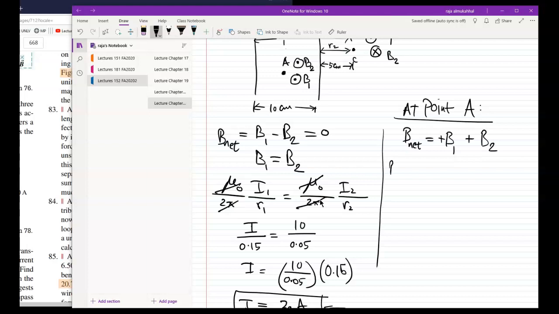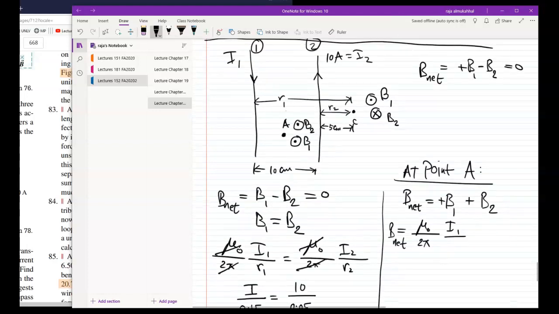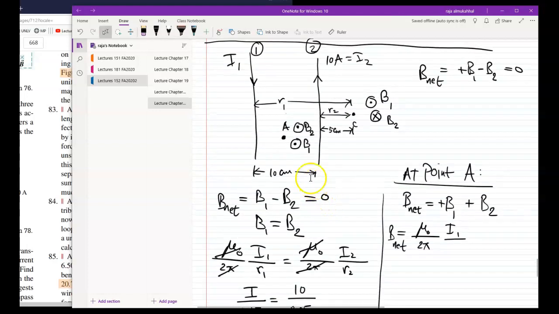So that's going to be B net, going to be mu naught over 2 pi I1 over, well, how far is it? Remember, we are talking about those two wires here at point A. They both are equidistant from each other as far as point A is concerned. So it is 5 centimeters from here and 5 centimeters from here.